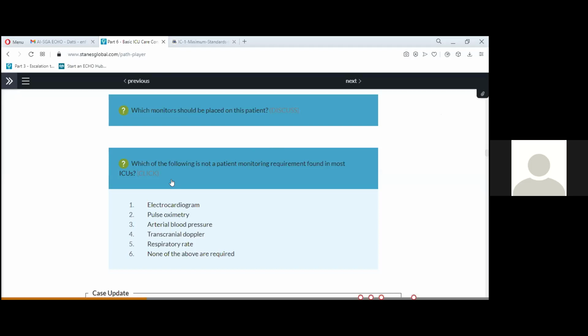The pulse oximetry too is very essential in the ICU to monitor oxygenation, and it's found in most ICUs. Arterial blood pressure, invasive and non-invasive, is very, very important in ICU.